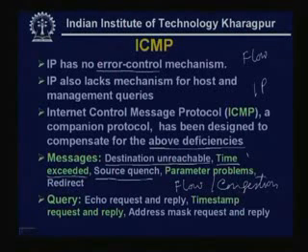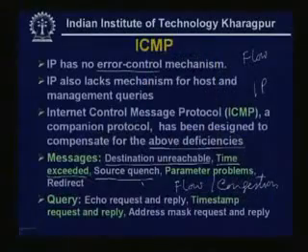Whenever a particular packet is discarded because of congestion, a source quench packet is sent to the source informing that the packet has been discarded, and moreover that congestion exists in the network. Then parameter problem: whenever the frame reaches with an incorrect field, a parameter problem arises, which is also informed to the source.